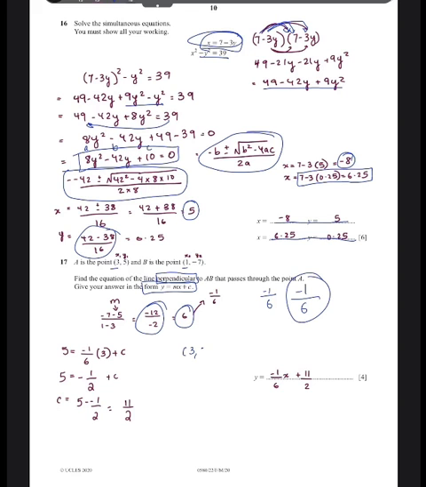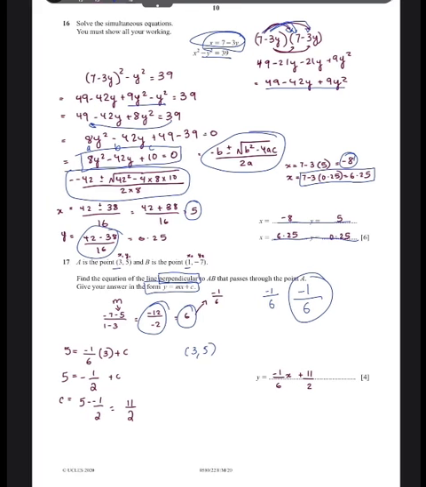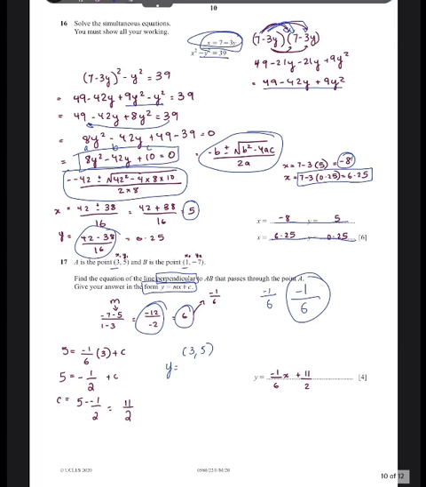So we have 3, 5 over here, and we can just substitute it in the equation y is equal to mx plus c. So y over here is 5. So 5 is equal to, we have the m value, which is minus 1 by 6, and the x is 3. So bracket 3 and plus c.